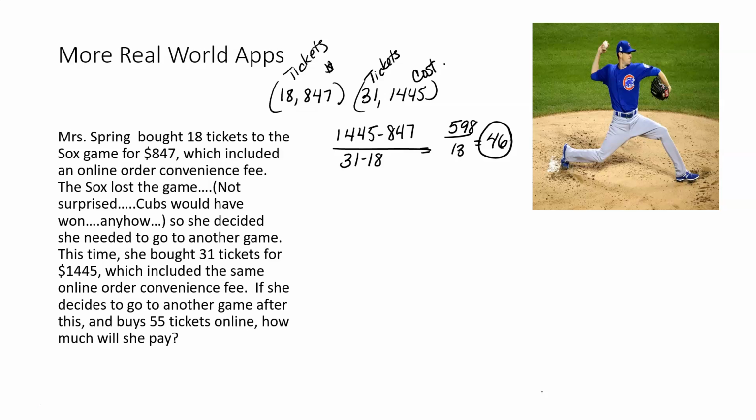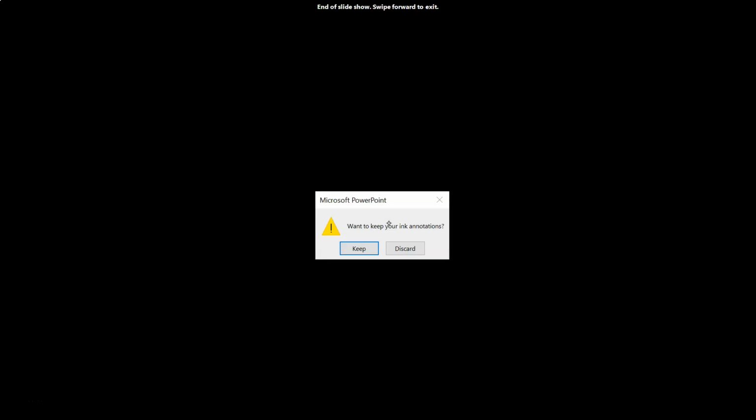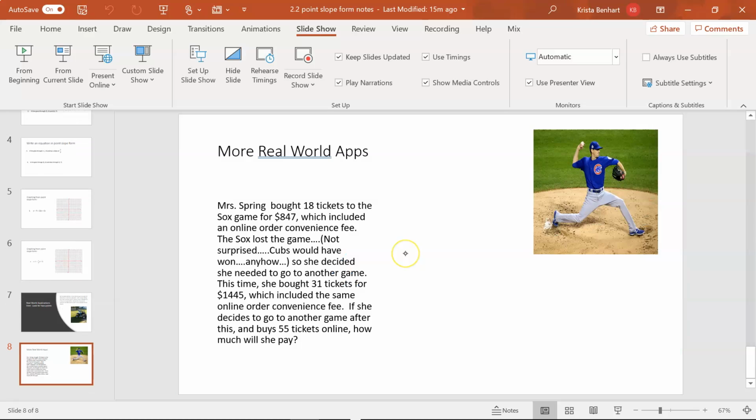So let's go about this a different way this time. Multiple ways you can go at this. Let's use slope-intercept form. So if I put that 46 in for m, whoops, I'm going to go back to that problem.